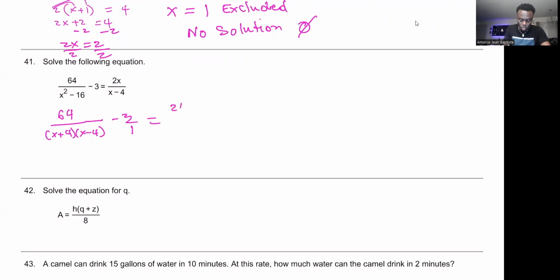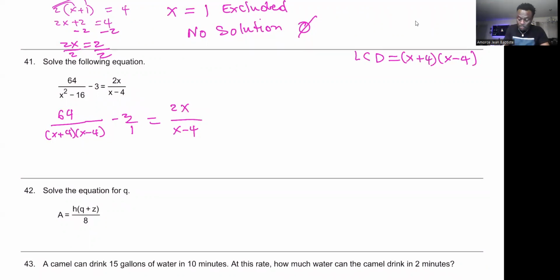And 2x over x minus 4. All the factors must be included in my LCD. So LCD would be x plus 4, x minus 4. That would be enough to cancel everything, right?